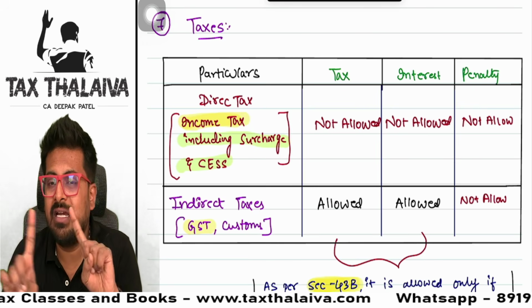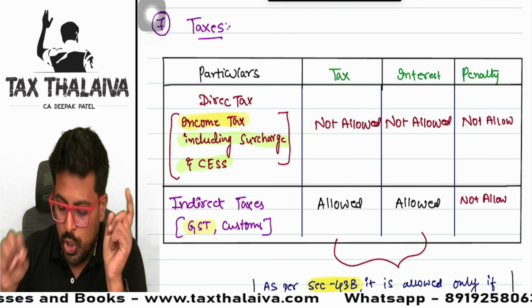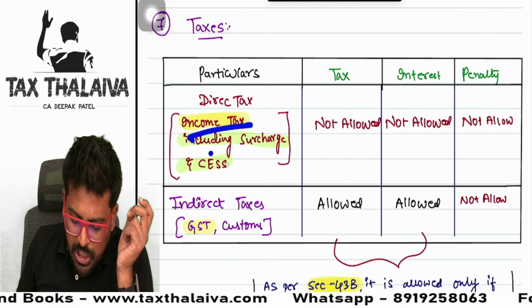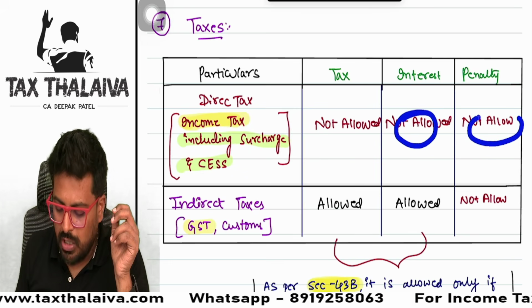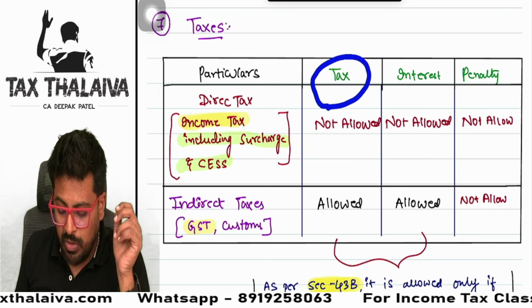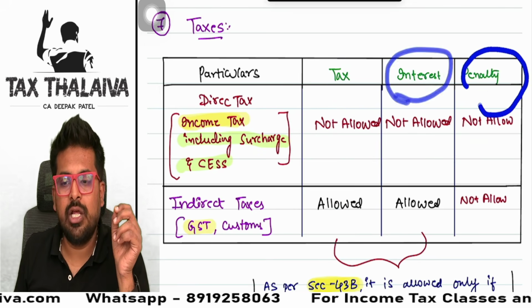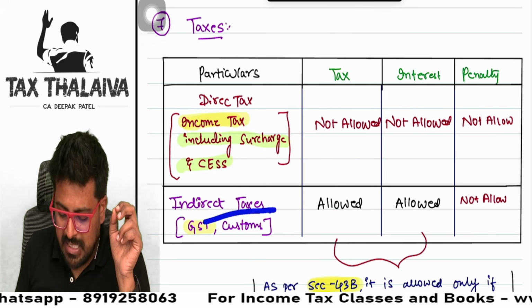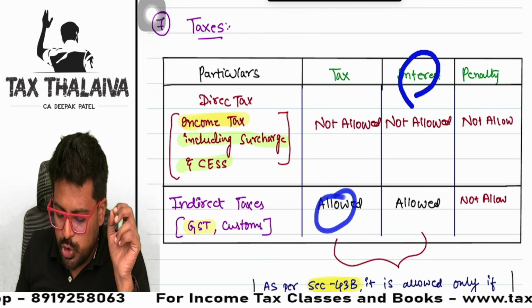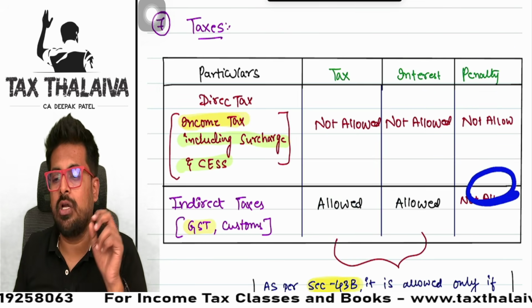But income tax related expenses are not allowed. Income tax including surcharge and cess is not allowed. Even if it is a tax not allowed, interest also not allowed, penalty also not allowed. But for GST and customs like indirect taxes, tax is allowed, interest also allowed, penalty is not allowed.